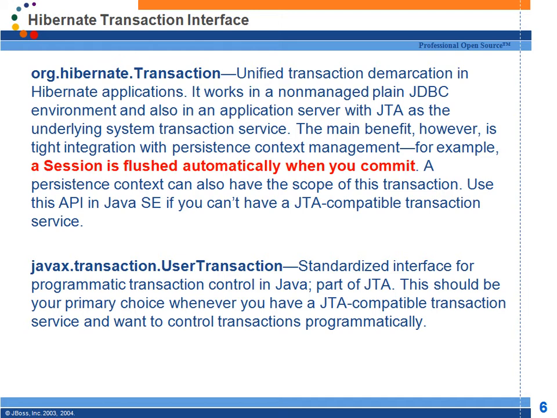So this interface is tightly integrated with the session, right? You need not flush the session manually if you are using org.hibernate.Transaction. But suppose you are using session.connection, getting a connection and setting auto commit false, you can do that also, as I said.